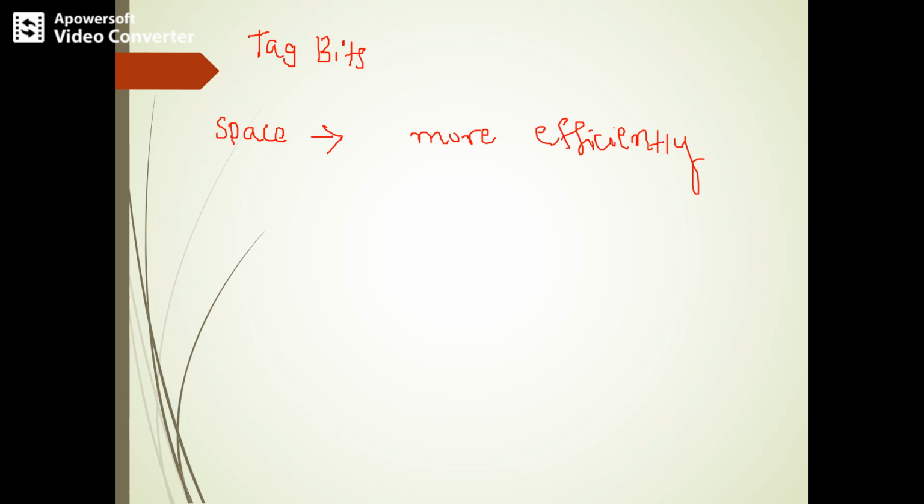A new block brought into the cache has to replace an existing cache block only if the cache is full. So if the cache is 100% full, or the cache utilization level reaches its 100% value, only at that instant can we overwrite the information.